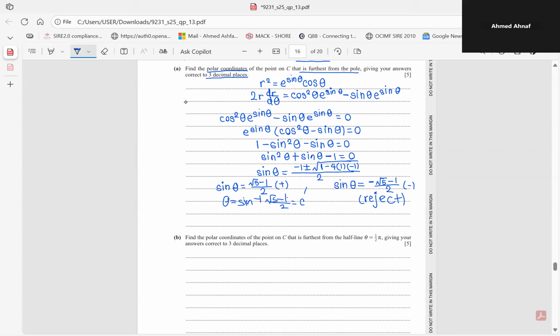Okay, let's now find r. So r would just be the square root of e to the power of sine theta times cosine theta.